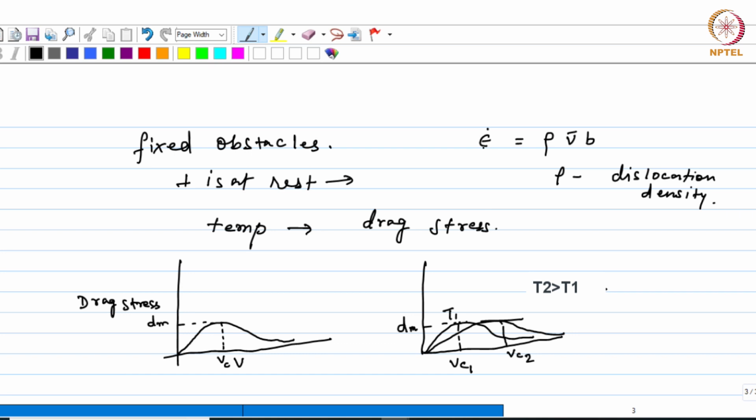So you can see that strain rate is directly proportional to the velocity of dislocations, and therefore the plot between the drag stress and the strain rate will have a similar kind of plot that we had for the drag stress versus velocity.